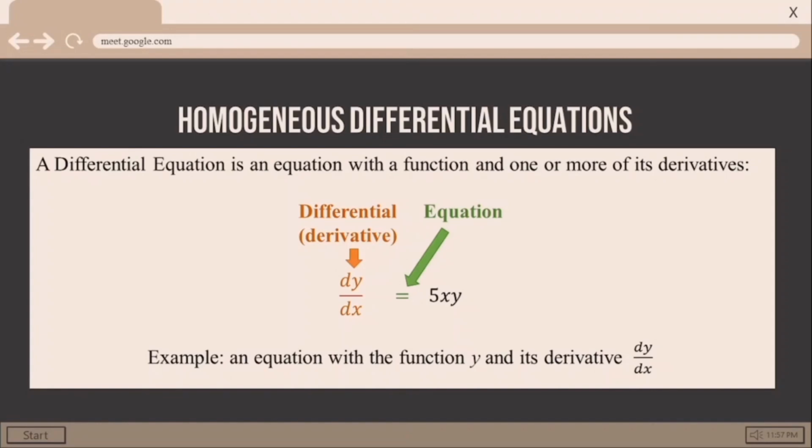I believe that he will explain further about what a homogeneous differential equation is, and he will give us some examples, and also apply the method that I have discussed earlier, which is the separation of variables, which is very beneficial and also plays a huge role in solving homogeneous differential equations.